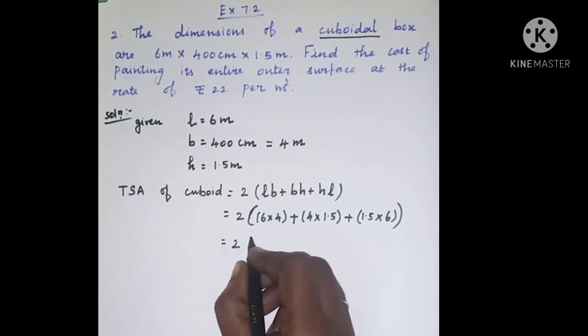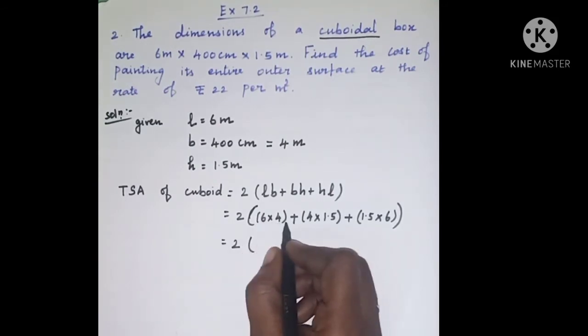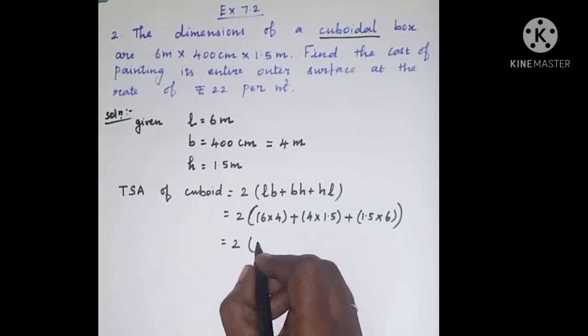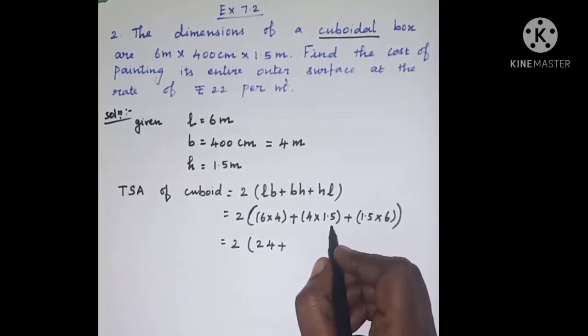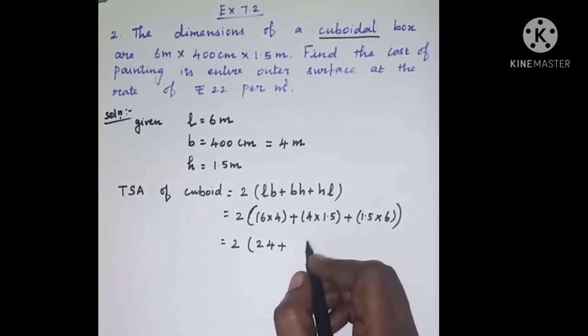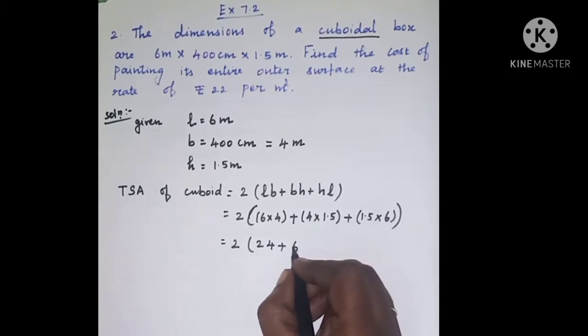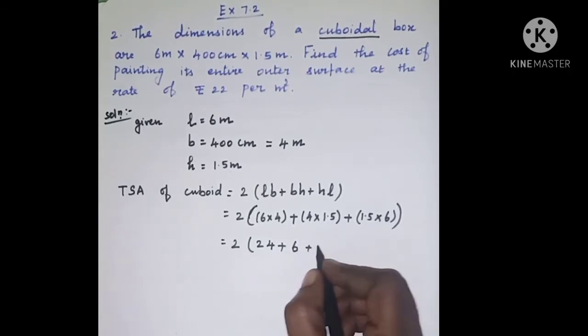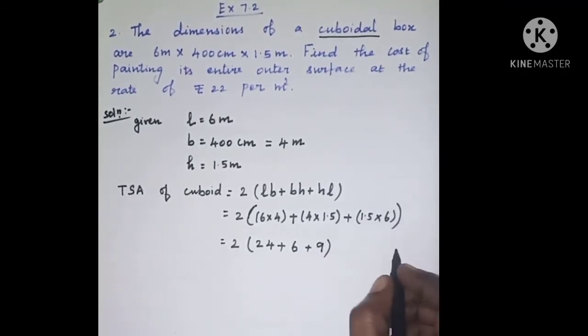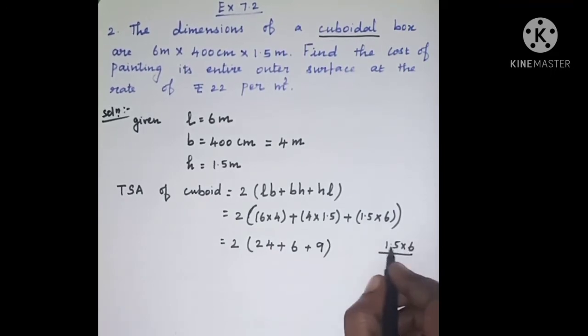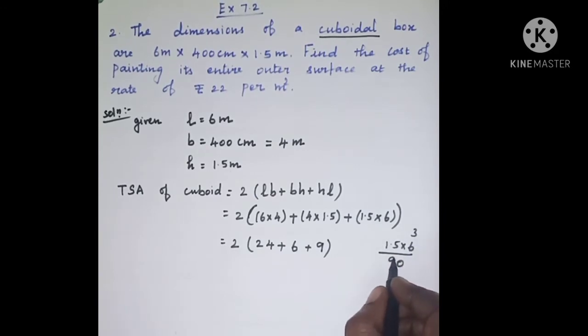So 2 into 6 into 4, 6 fours are 24, plus 4 into 1.5 is 6, plus 1.5 into 6 will become 9. 1.5 into 6, 6 fives are 30, 6 ones are 6, 6 plus 3 is 9.